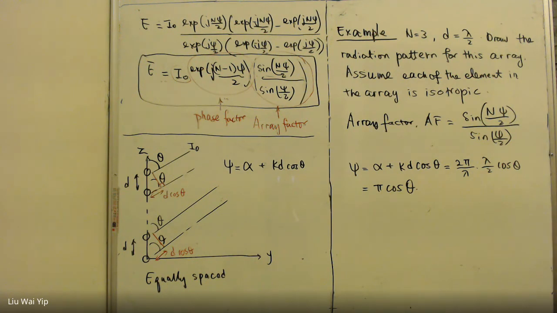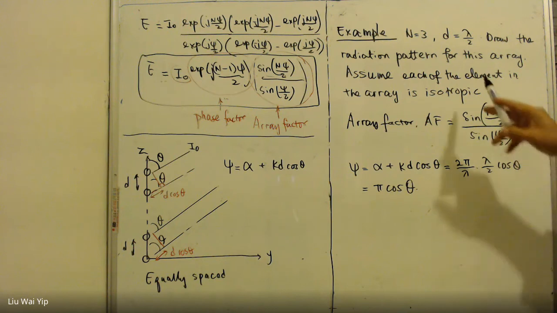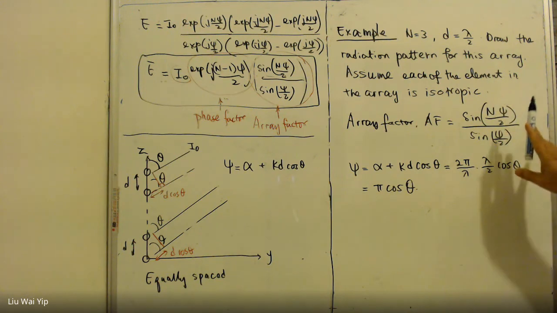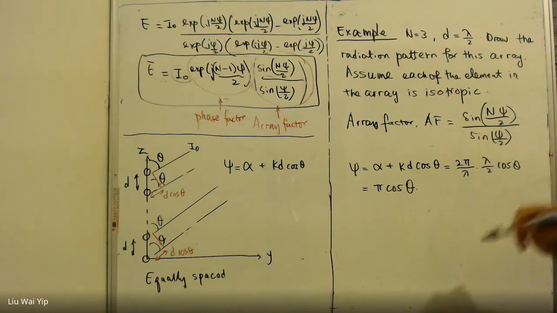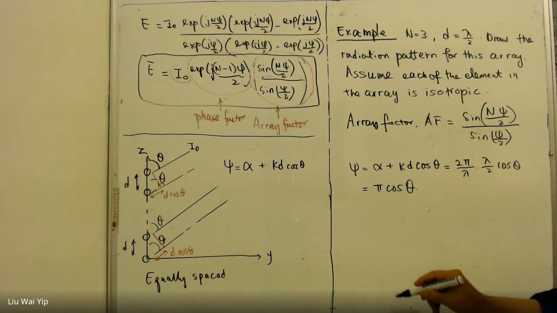And we are going to draw the isotropic pattern. Before doing this, we are going to work out the array factor.